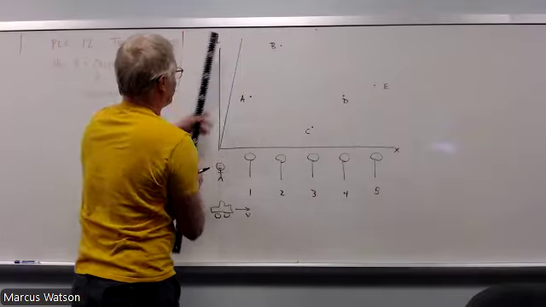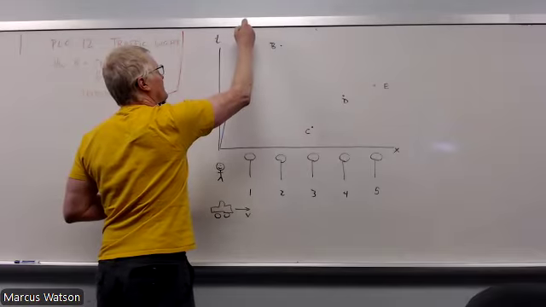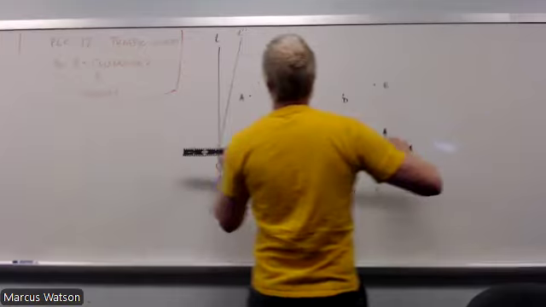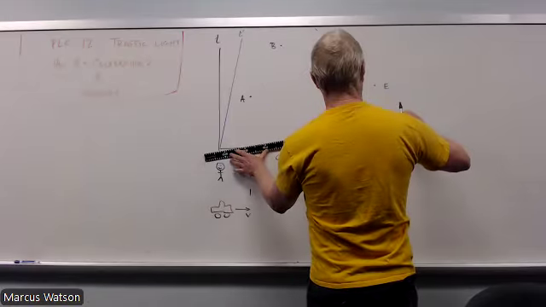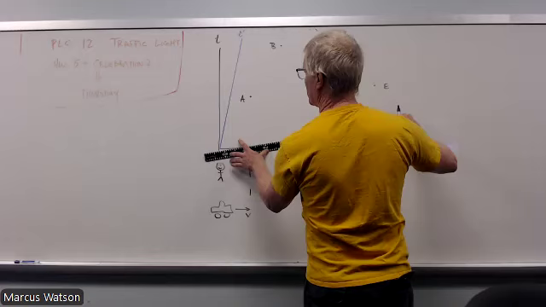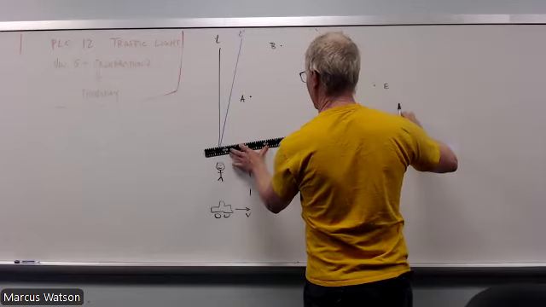All right. So we'll do T prime here. That's the time axis of the car. Let's see, 1, 2, 3, 4, 5.